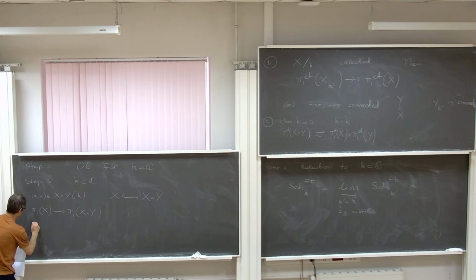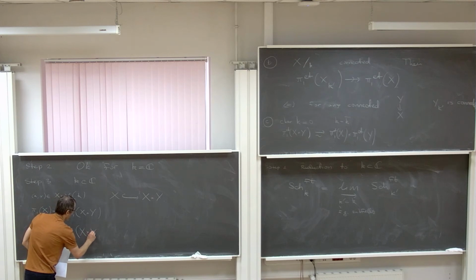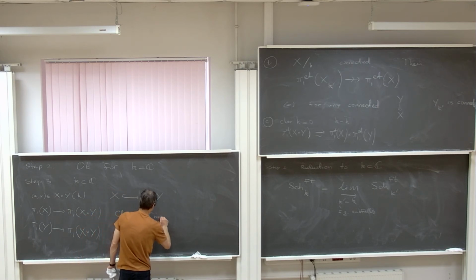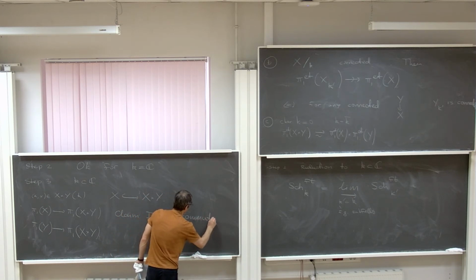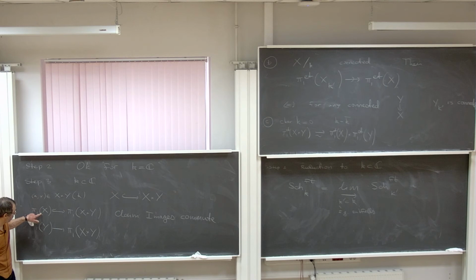And also I have the analogous map for Y. A key assertion here is that the images commute. Well, these maps are actually inclusions, because if you compose this map with the projection, you get the identity.